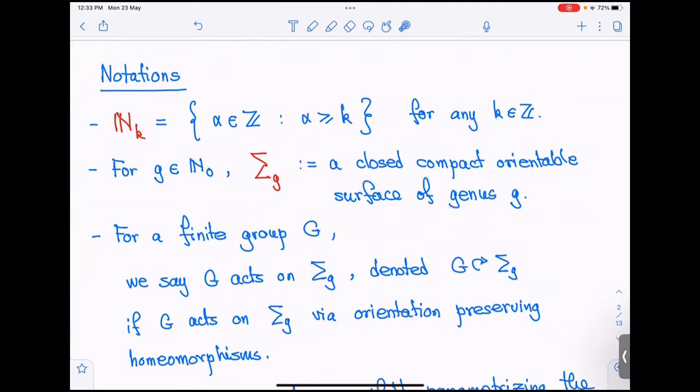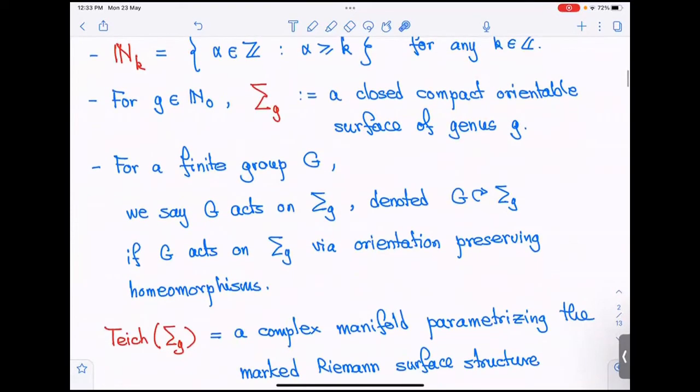Okay, and then for a finite group G, I'll say the group G acts on this sigma g, which I'll denote by this notation, if it acts via orientation preserving homeomorphisms. Okay, so these are pretty standard. I always will be having a finite group, and this is a little surface over here, closed compact orientable and of genus g.